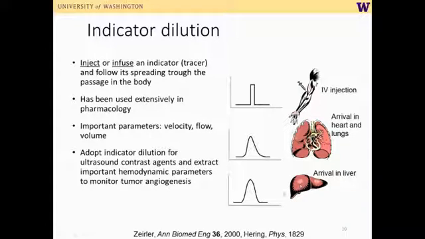If this is a lesion in the liver, it's spreading out even more. It has been used extensively in pharmacology, and the important parameters that describe this are the flow velocity and the flow volume. We can adapt this indicator dilution technique for ultrasound contrast agents.